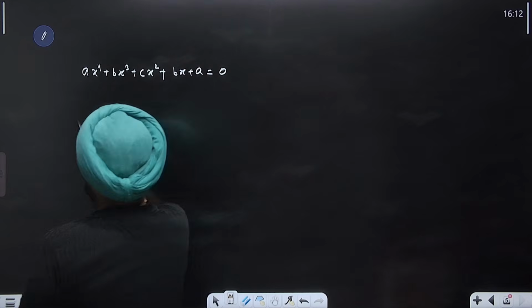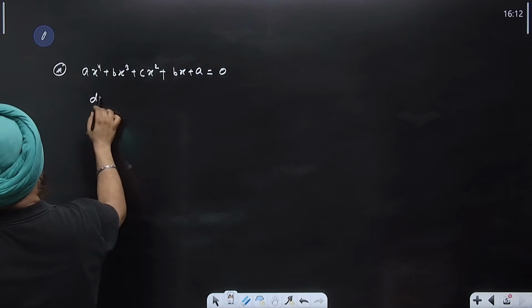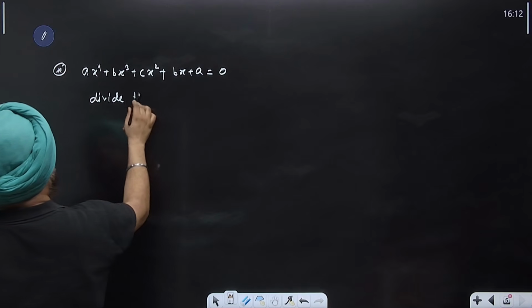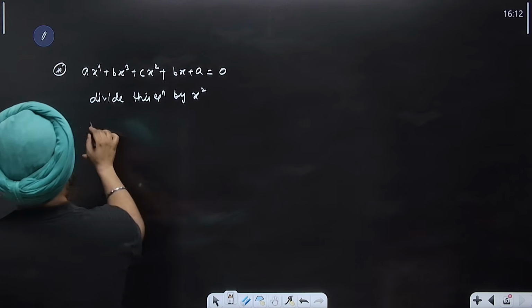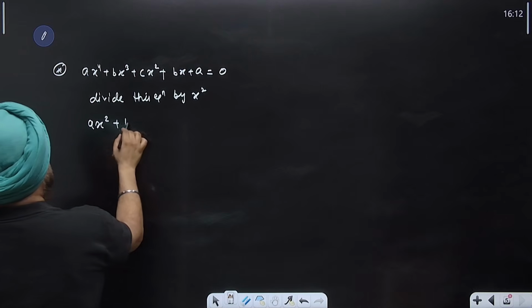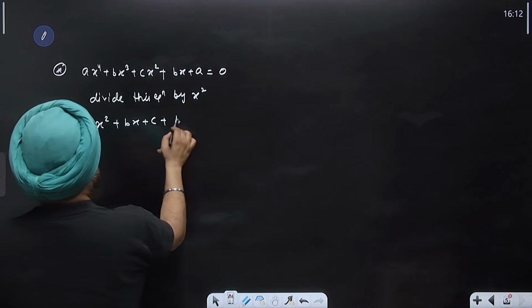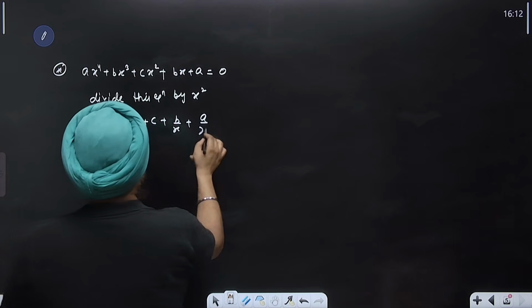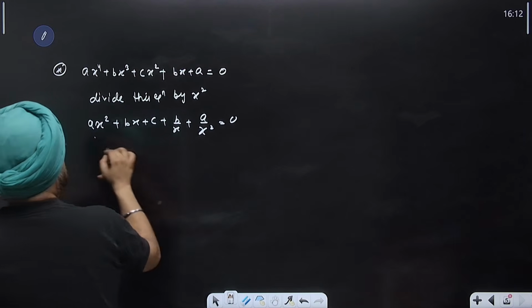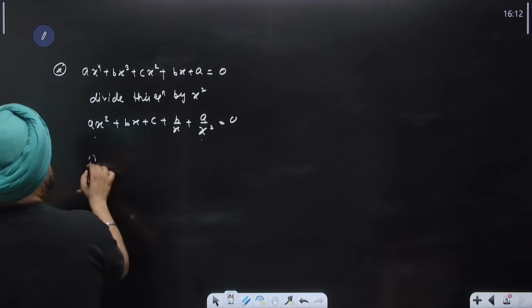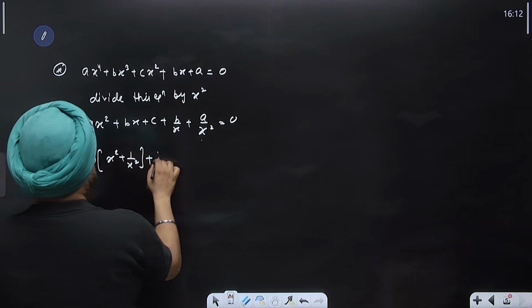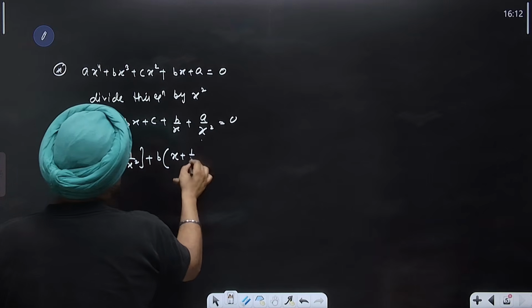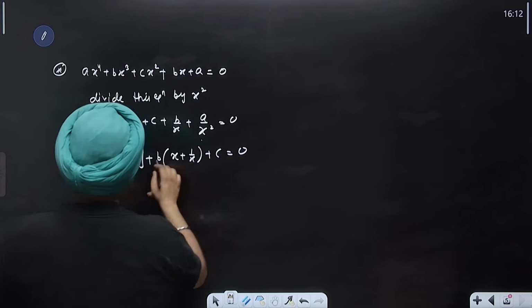What we will do, we will divide this equation by x square. So the equation will become like this. Now the same coefficient terms we will collect. So this will be a quadratic.